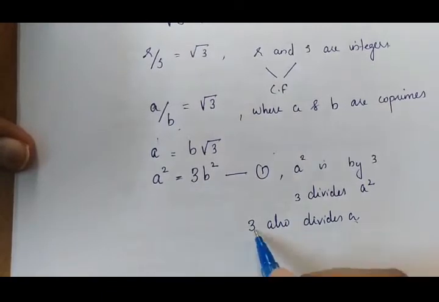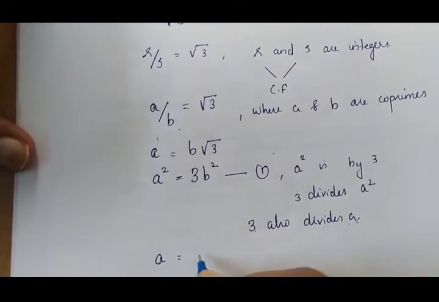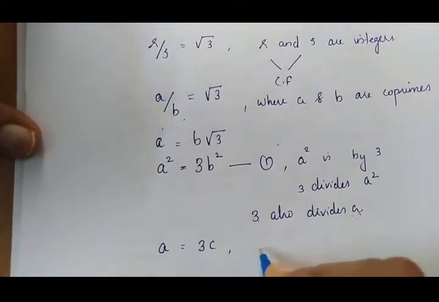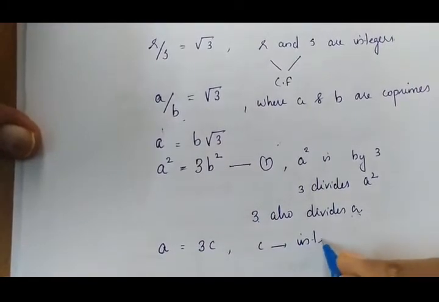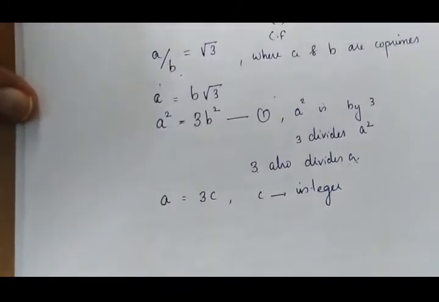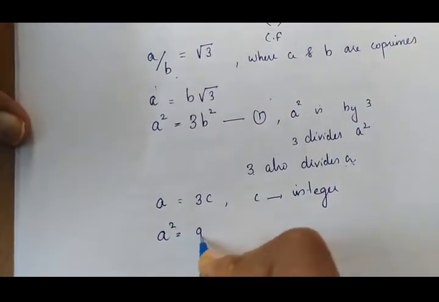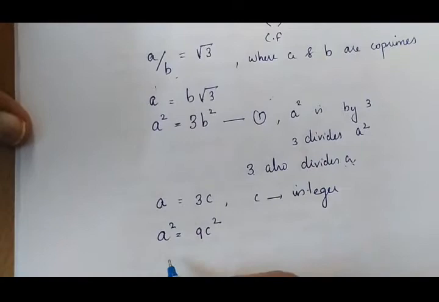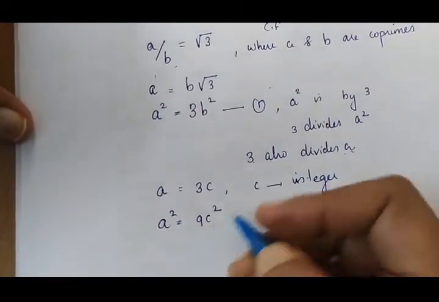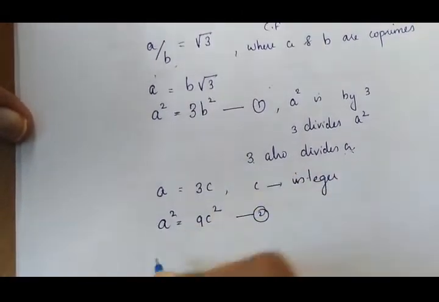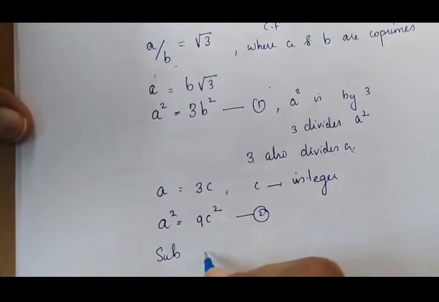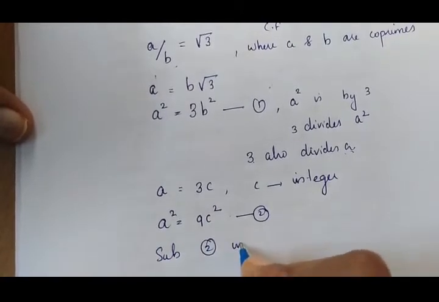Since 3 divides a, we can rewrite a in the form a equal to 3c, where c is any integer. Taking the square, a square is equal to 9c square. We substitute this in equation 1, substituting a square as 9c square.